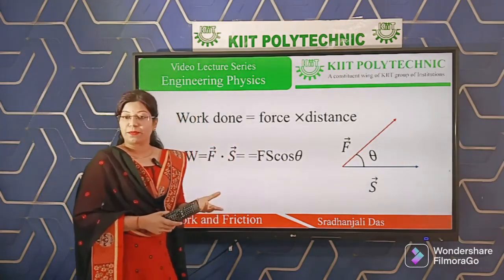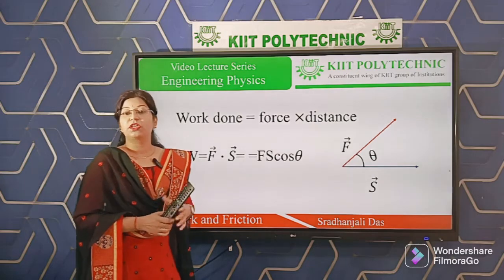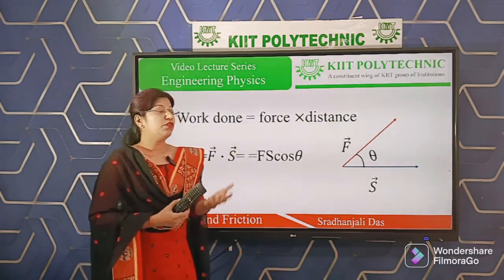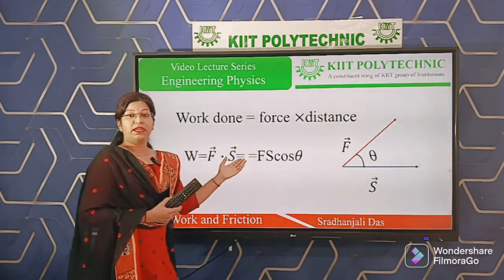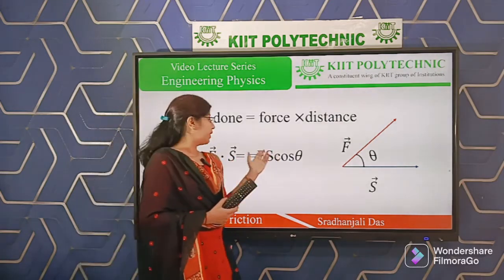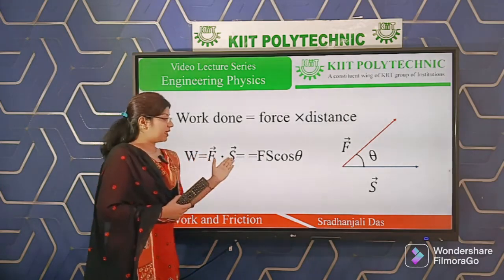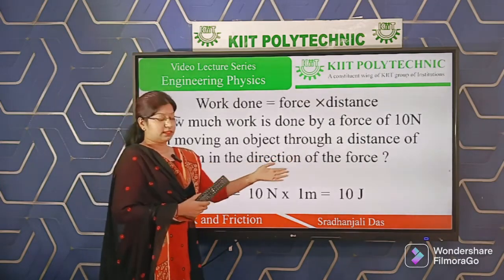And we can also represent work done in terms of the dot product. That means when we take the dot product of force and displacement, we get the work done, that is W is equal to F dot S is equal to Fs cos theta.